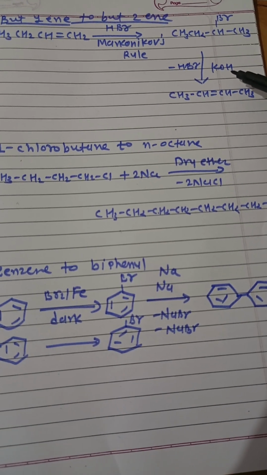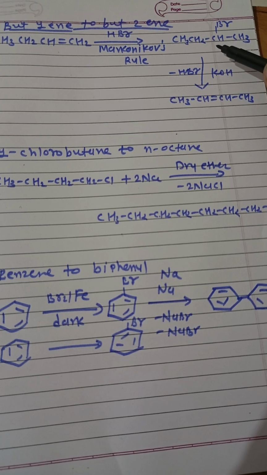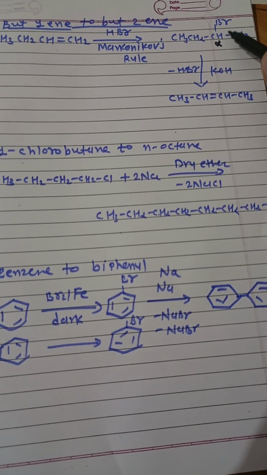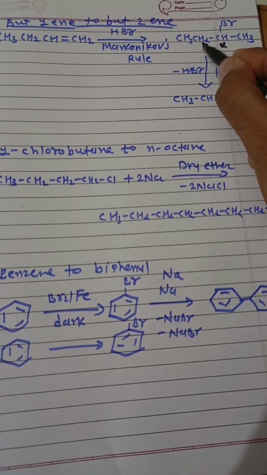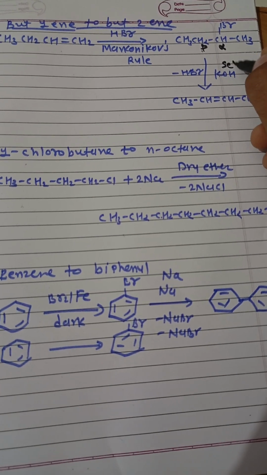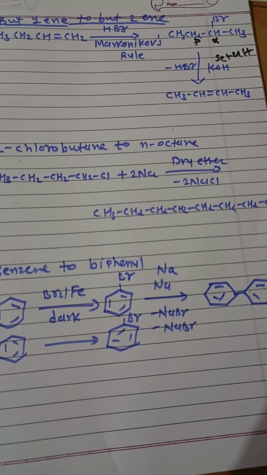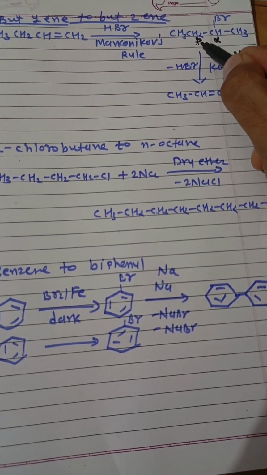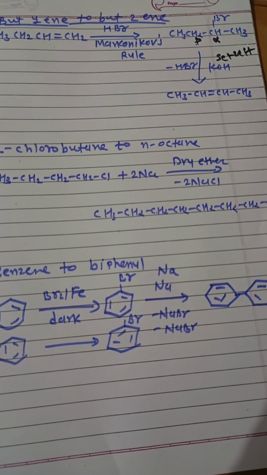When it reacts with KOH, a dehydrohalogenation reaction happens. From the alpha carbon we remove bromine, and from the beta carbon we remove hydrogen according to the Saytzeff rule, or Zaitsev rule, whatever you say. The major product we obtain has the longer alkyl chain.